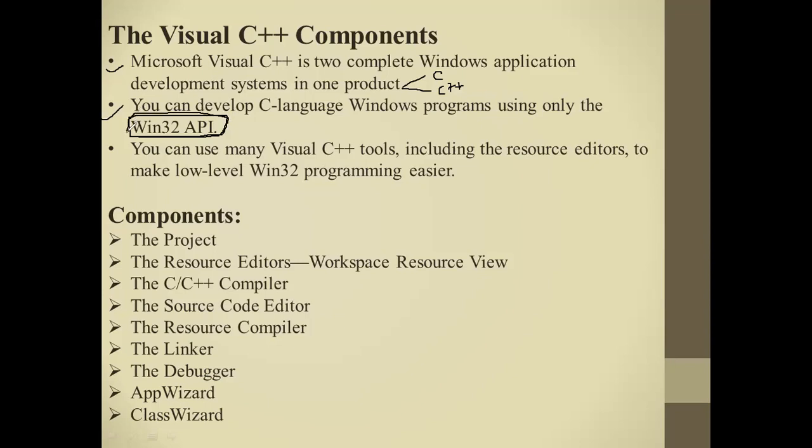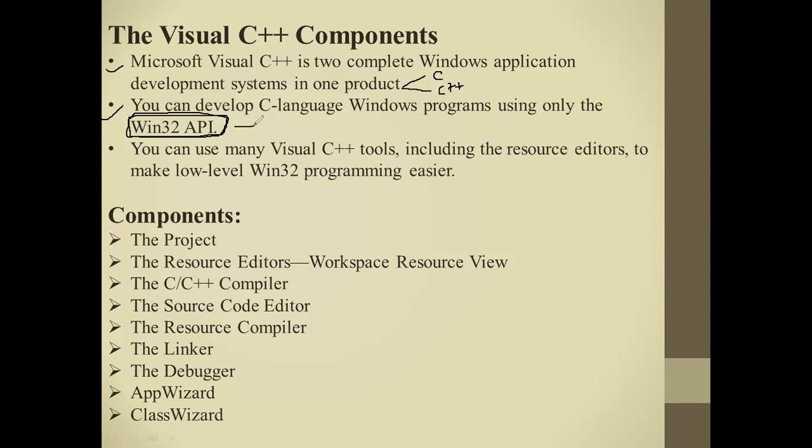All your library files, and even your MFC files, are basically stored in these Windows 32 API files. With the help of these files, where all your library files are stored, we can use the C language for Windows programming or Windows application development programming.